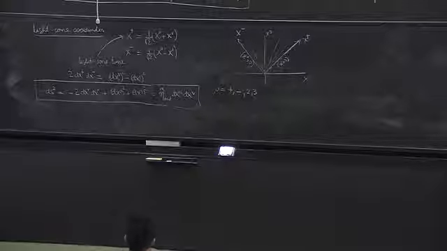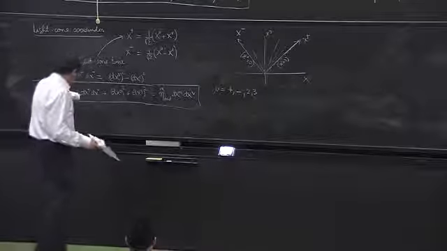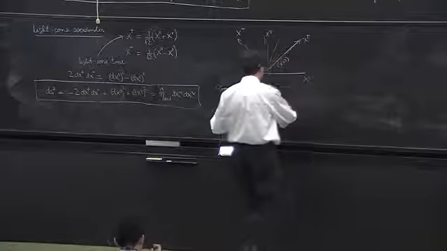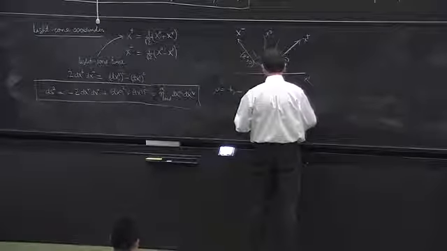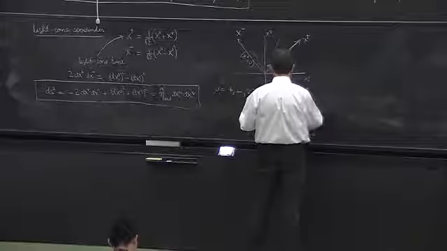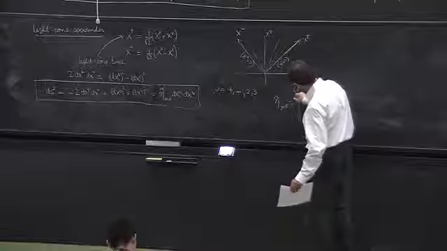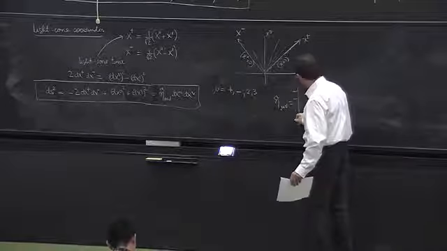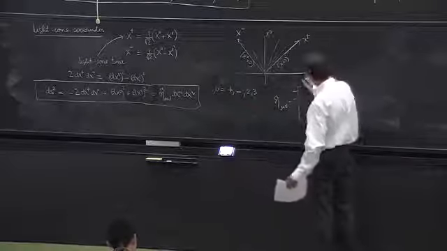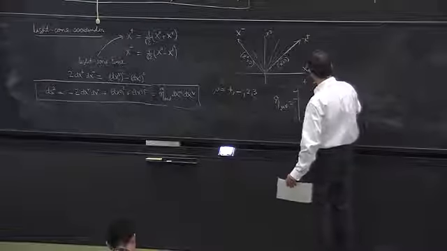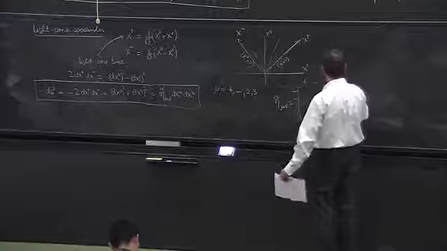So if you now try to write this eta mu nu metric, it will have plus, minus, 2 and 3 indices.